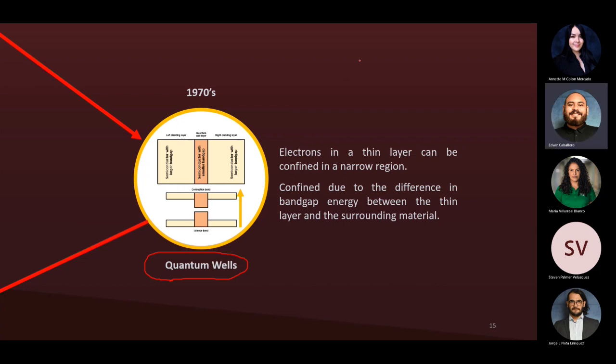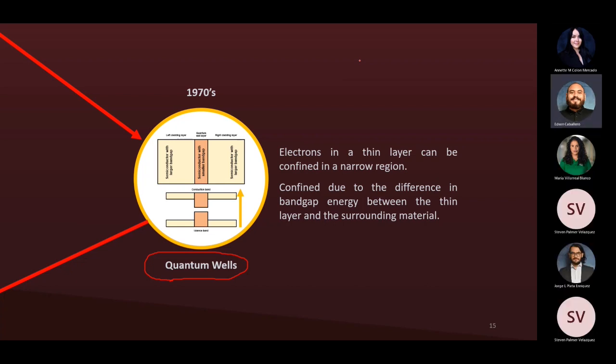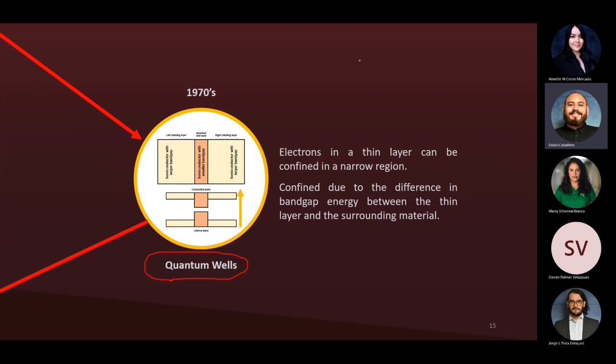Due to the difference in the band gap, it creates the environment for the particles inside the semiconductor to behave similar to the model that we use in quantum mechanics known as particle in a box. I'm going to get into that a bit more later. However, this invention of the quantum well was crucial and very, very important for the development of quantum cascade lasers.